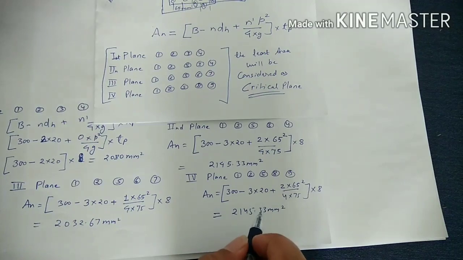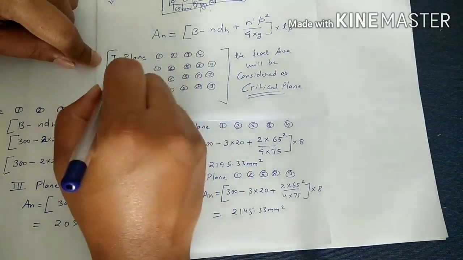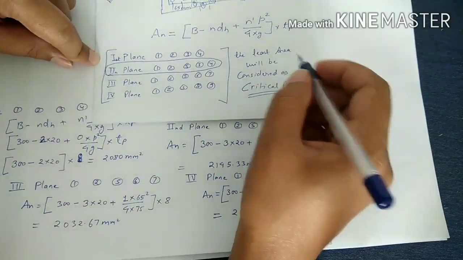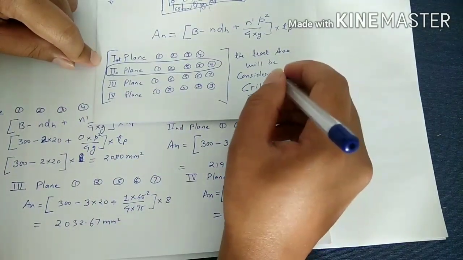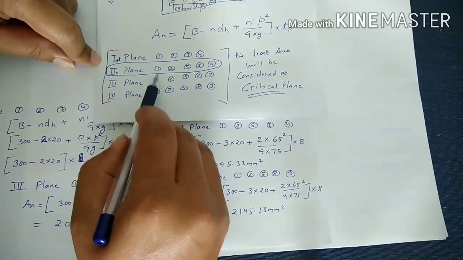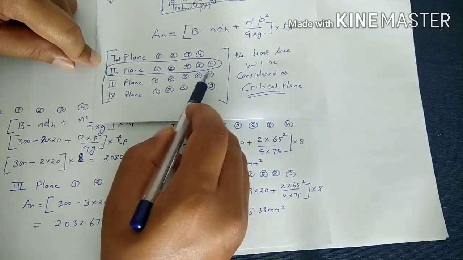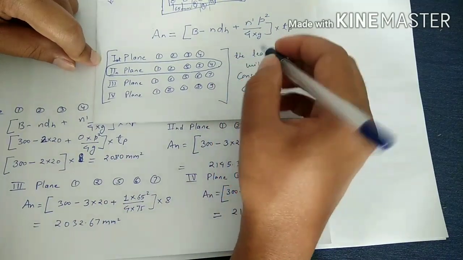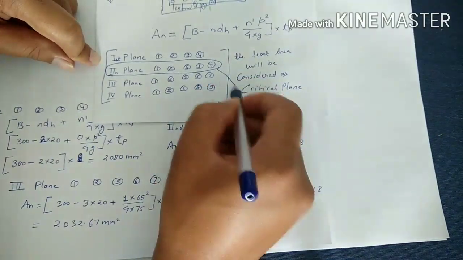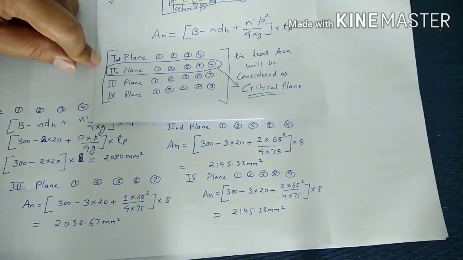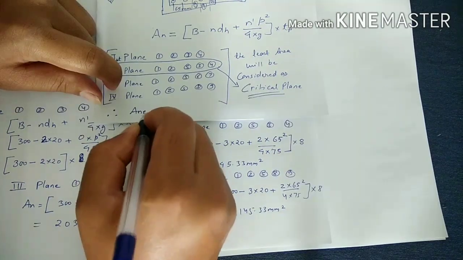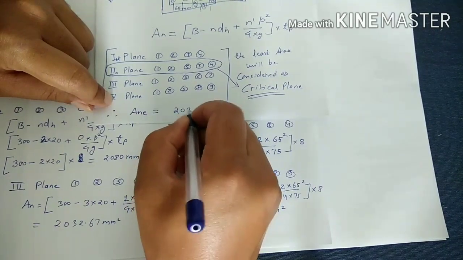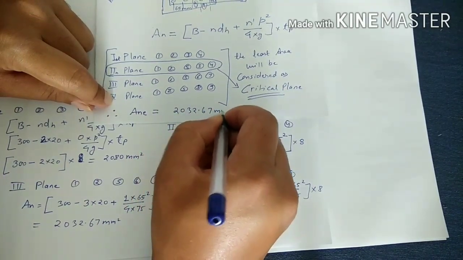So the third plane is showing the minimum area. Since it shows the minimum area, it will be considered the critical plane for this section. Thus, the effective net area will be equal to 2032.67 mm square.